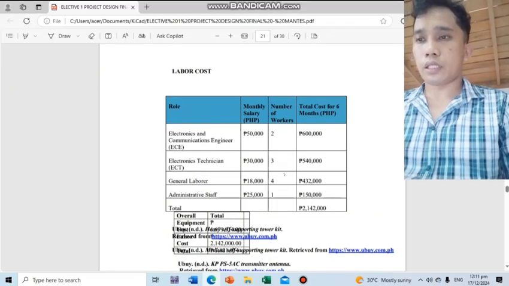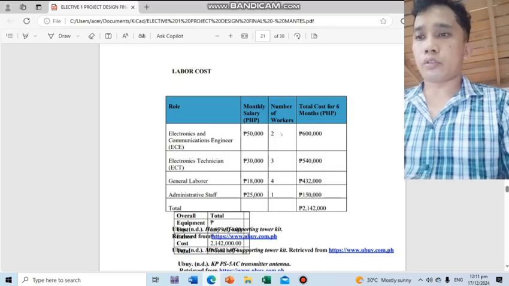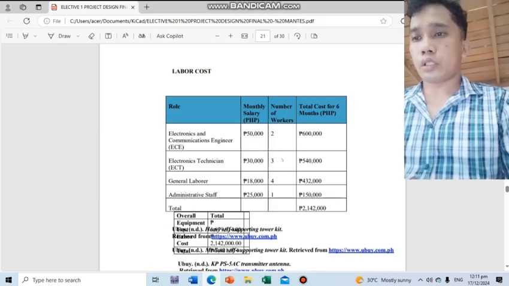Next, we have the labor cost. For the ECE, electronics and communication engineer, the project needs 2 ECEs. Their monthly salary is 50,000, and the total cost for 6 months is 600,000. For the electronics technician, ECT, the monthly salary is 30,000 and the total is 540,000 for the 6-month duration.